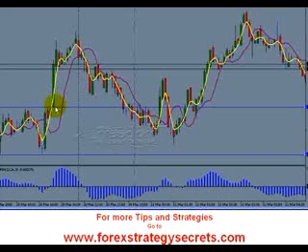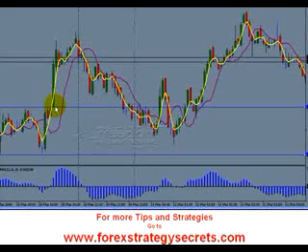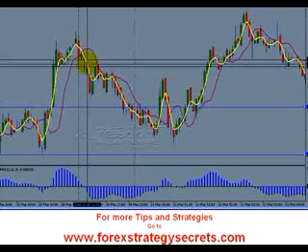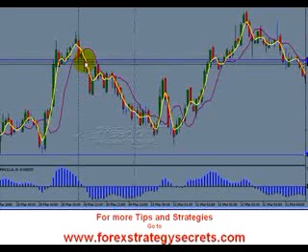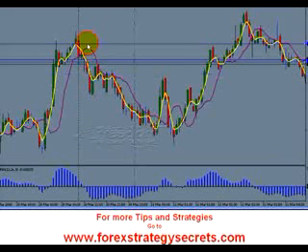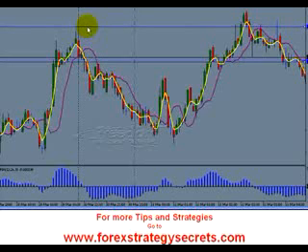If that's too much of a stop loss for you, then don't take the trade, or trade with a smaller number of lots. Now if we're coming back down the other direction, let's say the entry signal would be right here on this bar, this candle. So let me bring this up to right in this area where the entry signal would be, and our stop loss would then be 1 pip plus the spread, which in this case would be 2, so we're 3 pips above the top of that candle.